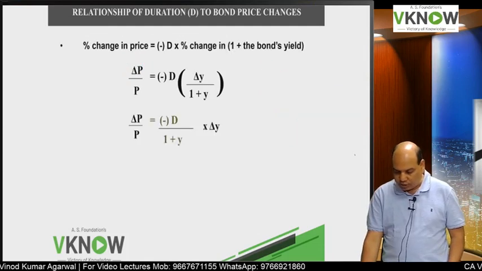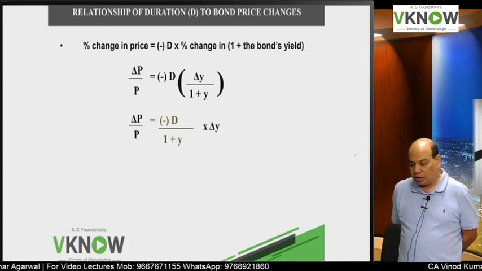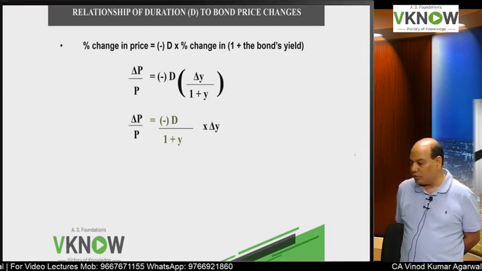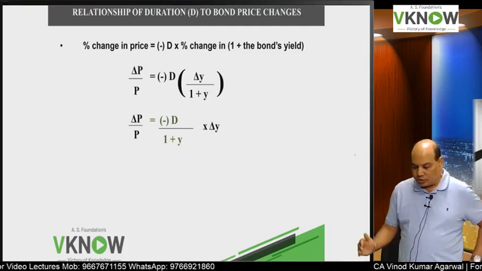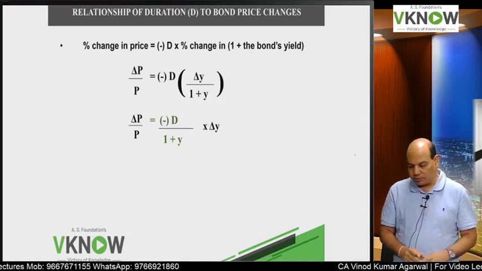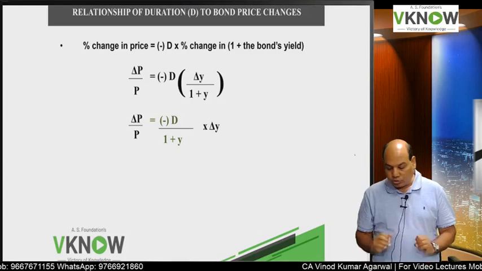So can we write down further as follows? Minus delta P upon P equal to minus D upon 1 plus Y, I have just shifted 1 plus Y below, into delta Y. Noted. Now you look at it carefully.